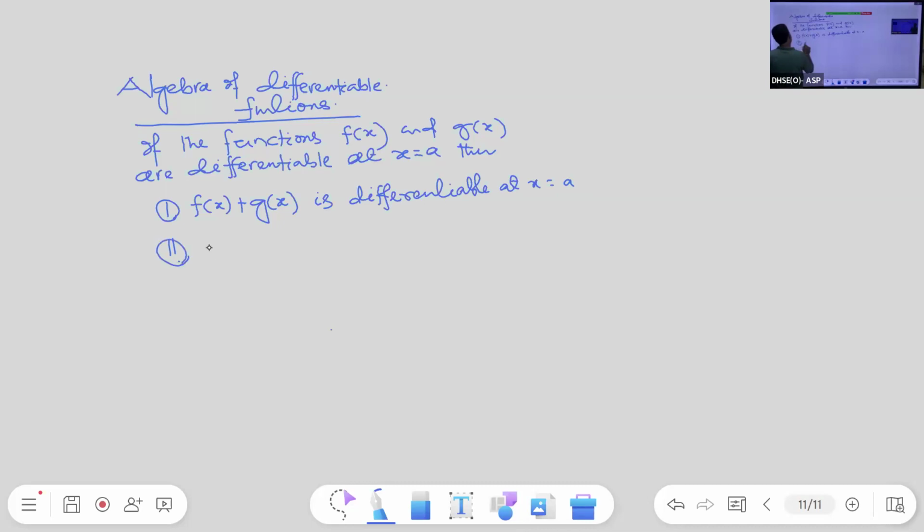The second one, f of x minus g of x is differentiable at x is equal to a. Third one, f of x into g of x is differentiable at x is equal to a.